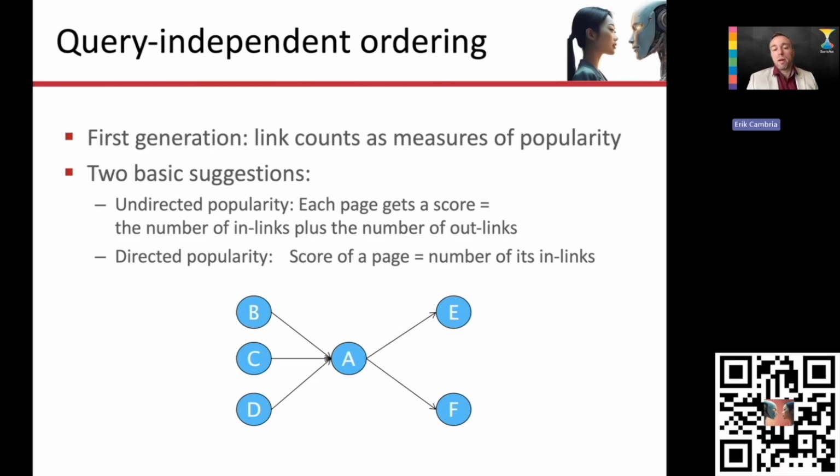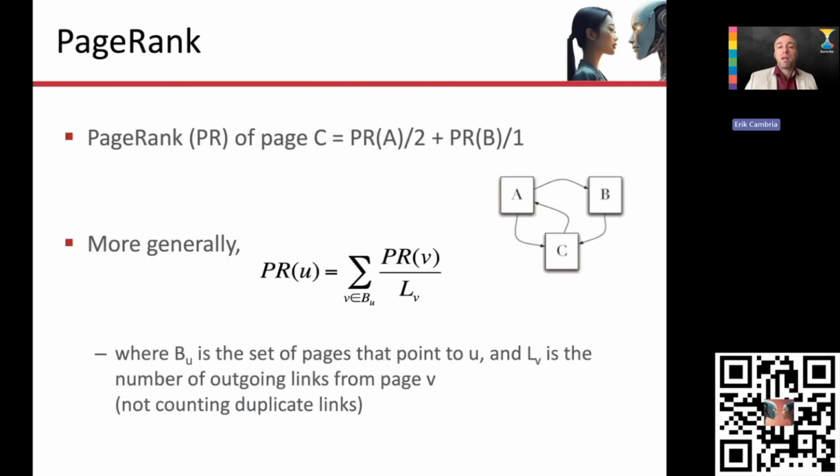So that's why we are talking about these probabilities, and PageRank does exactly that. It calculates the probability of ending up in a certain page based on the probability that we get from other pages, but also taking into account the inlinks and outlinks.